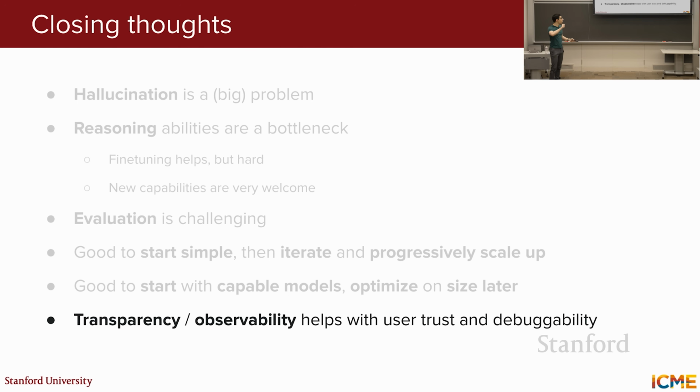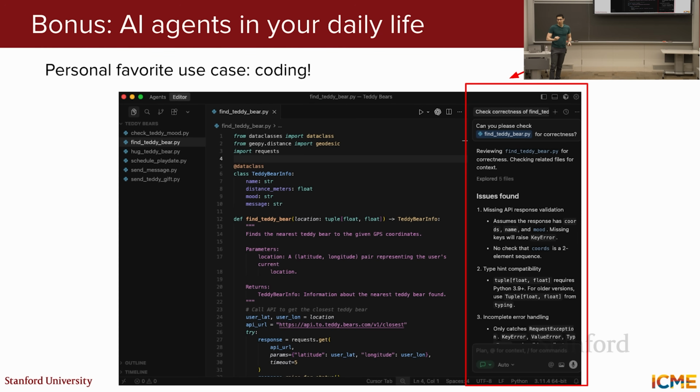And I will close this lecture on a note. My favorite use case of using agents right now is as an AI coding assistant. This is something I strongly recommend in case you have projects that require you to do complex piping of things. You can free your mental load by delegating some of these tasks.